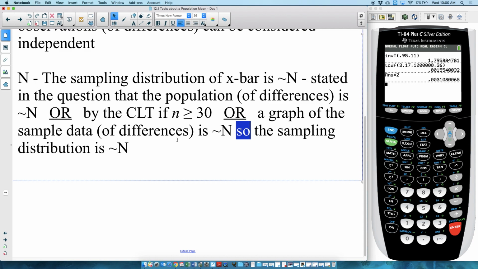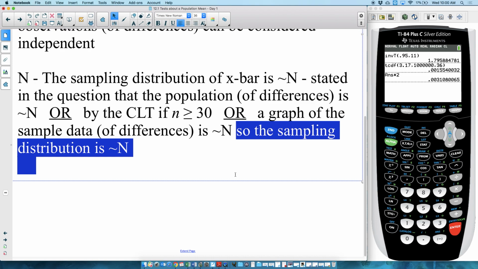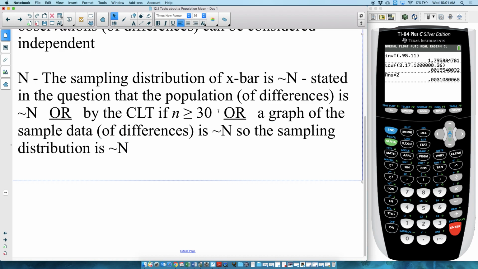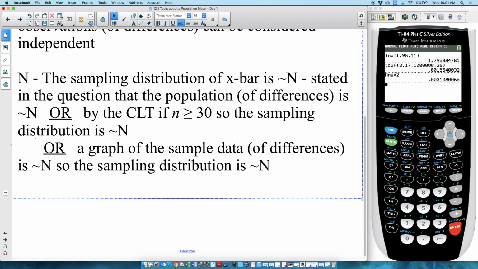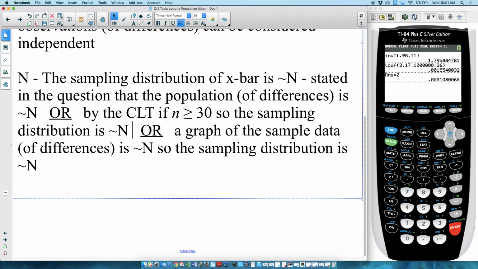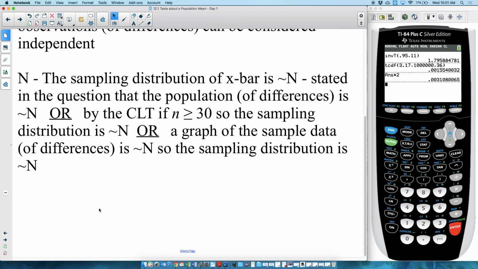Yes, just like that independence. Like 20 is greater than 10. So what does that mean? Okay, so copy, paste. Okay, so it's there too. So if the central limit theorem applies, because we're talking about means and because n is greater than 30, therefore the sampling distribution will be approximately normal.